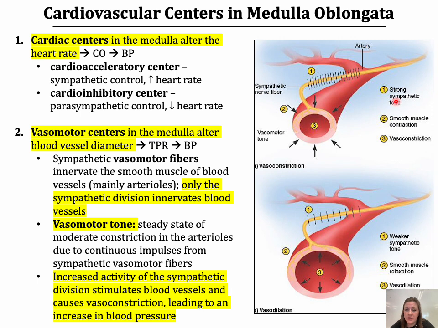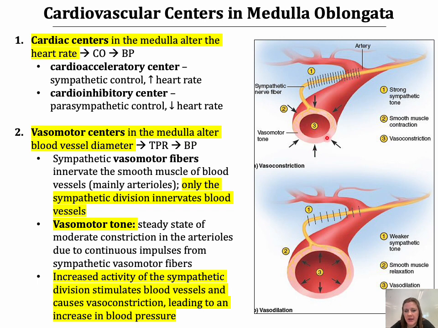And the rate at which the signal is sent is what really dictates vasoconstriction and vasodilation. But there's always a tone, right? We have muscle tone. Our muscles are always a little bit contracted to just at least keep us upright. There's always a little contraction even when we're not even moving at all. Same concept here. If there is an increase in those signals coming from the sympathetic nervous system, that's going to activate those muscles more strongly, right?